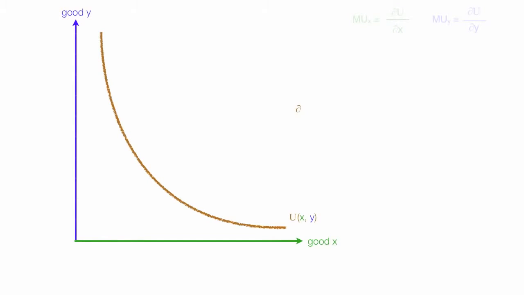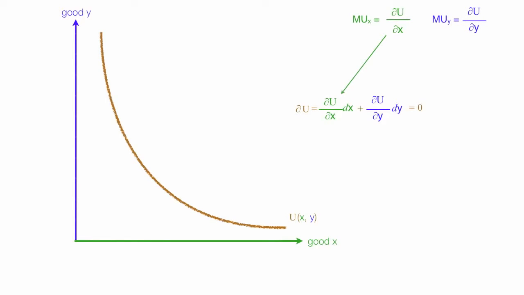The change in utility is the partial derivative of the function U(x,y) with respect to the variable or good x, the change in utility with respect to changes in x, that's a symbol for partial derivative, plus the partial derivative of U with respect to the variable y or good y, which is the change in utility due to a change in y, dy. The change in utility is 0, so this is equal to 0.